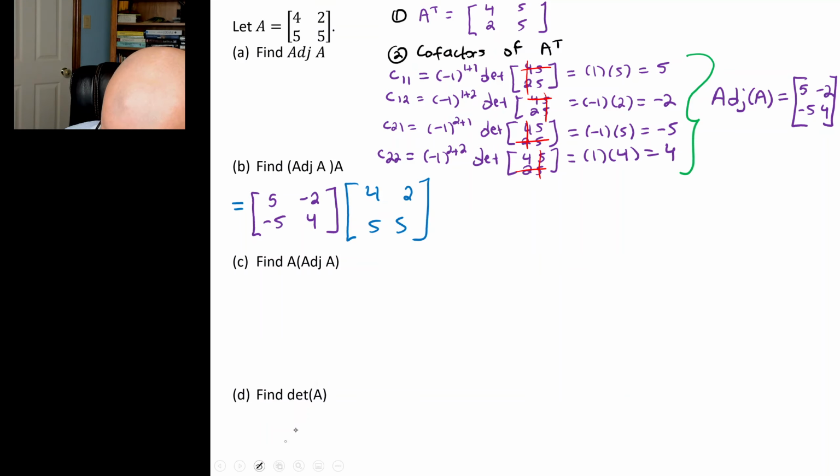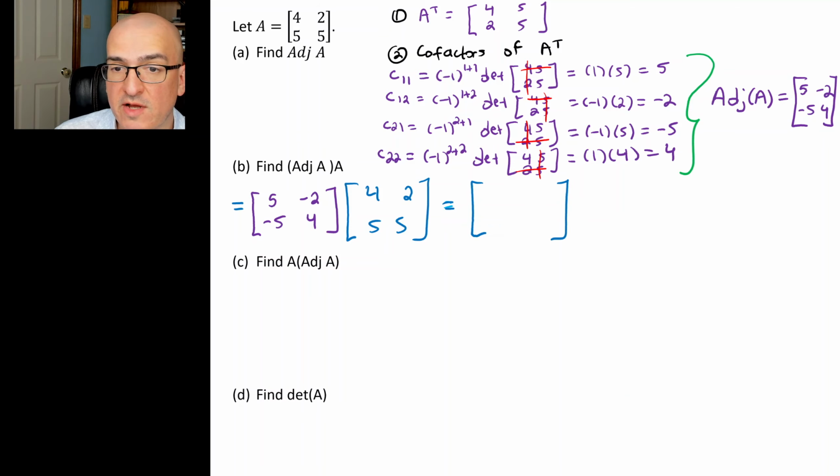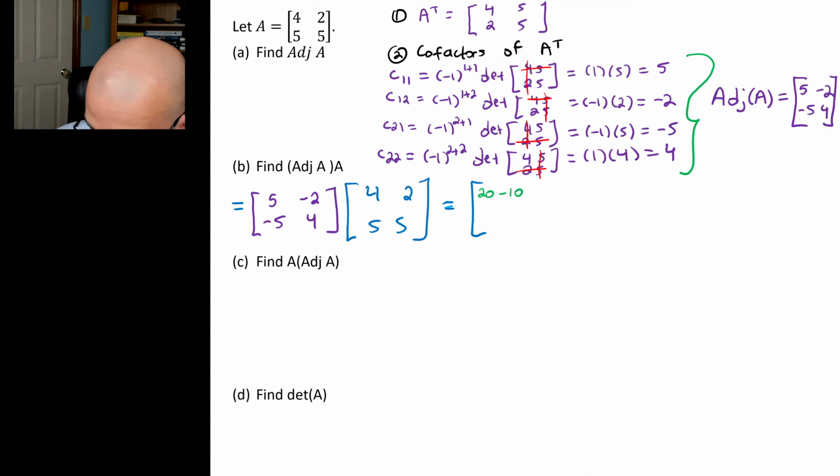And now we'll do those multiplications. So the first entry, in the top left, we do the dot product between row 1, column 1. So 20 minus 10. And then the next entry at the top right is row 1 dot column 2. So we'll have 10 minus 10.